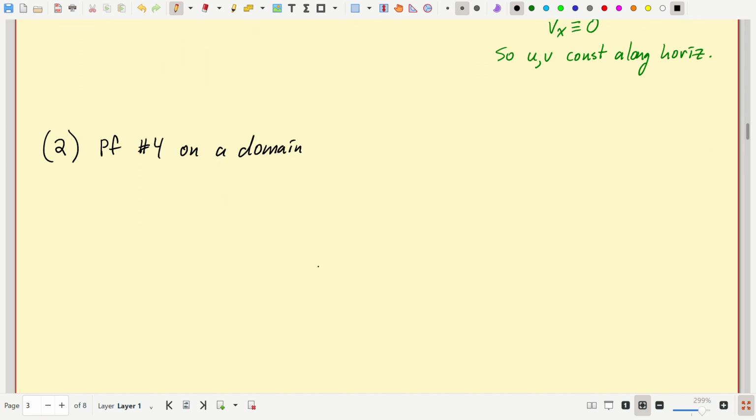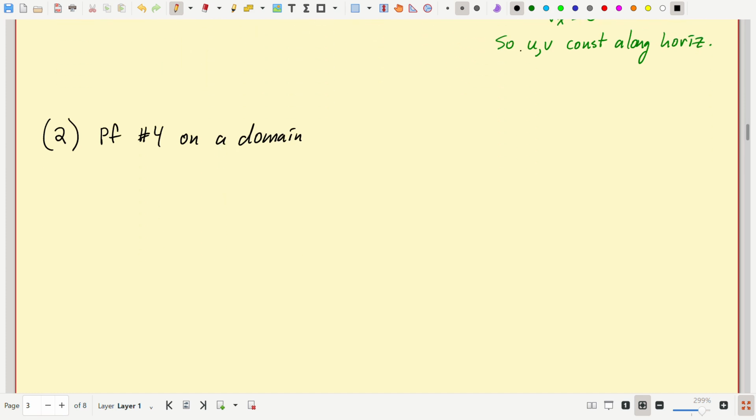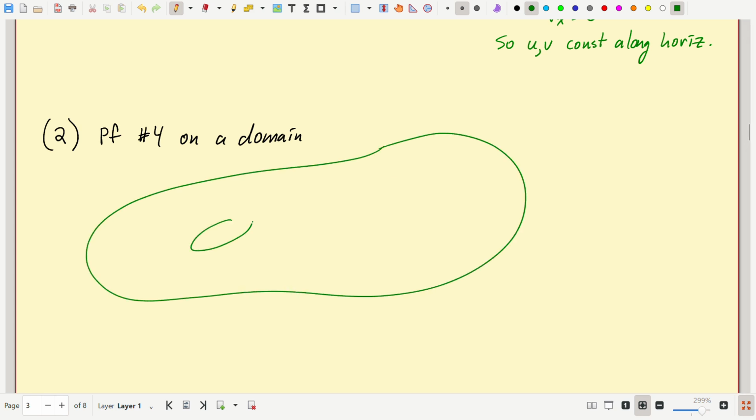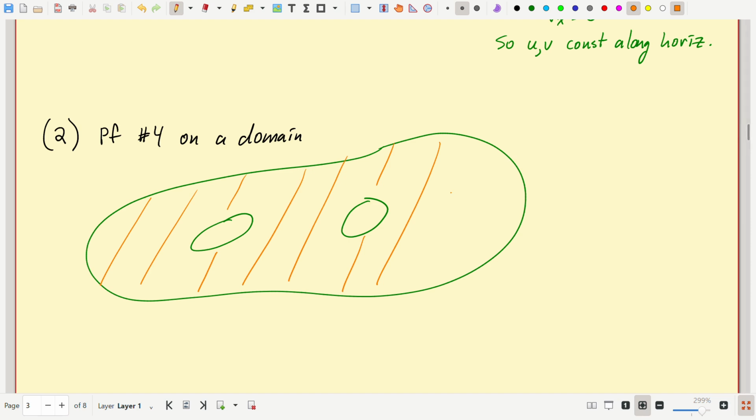Turns out holes don't matter in this argument. So here's a domain. Make a couple holes. It's an open set, and being a domain means that if you give me any old 2 points in here, here's an A, and here's a Z over here. I'm thinking of A as a fixed point.